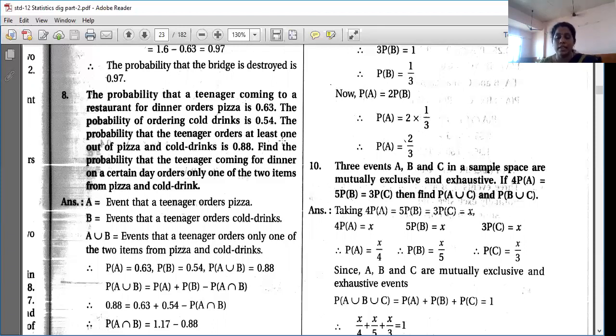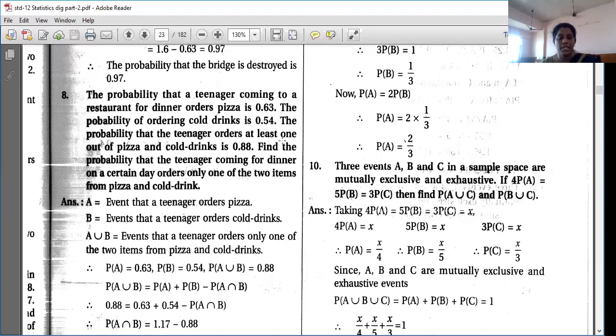These three things are given in the question. Now our formula comes. What is the formula? P of A union B equal to P of A plus P of B minus P of A intersection B. So here P of A union B is given.